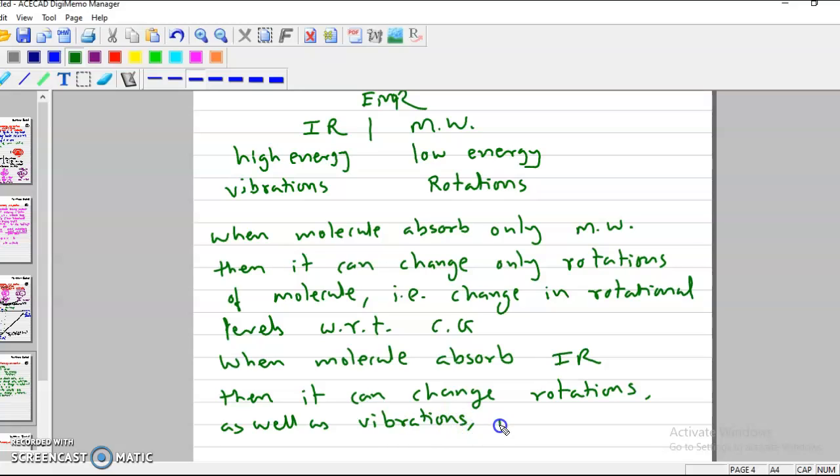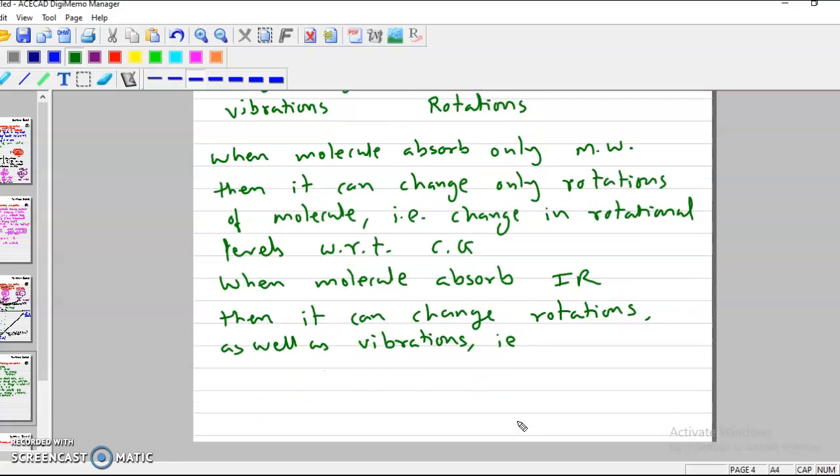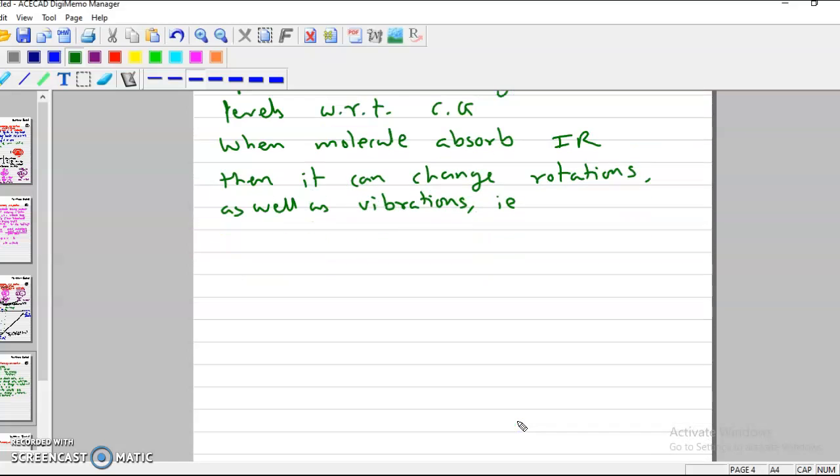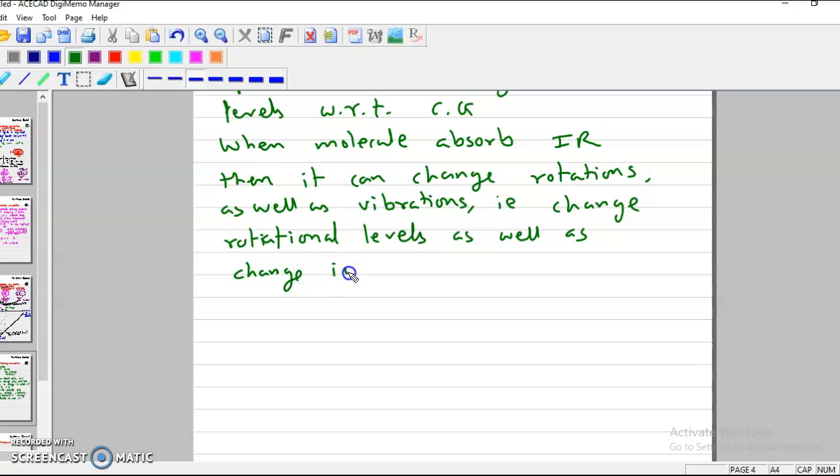Okay, that is a change in rotational levels as well as a change in vibrational levels.